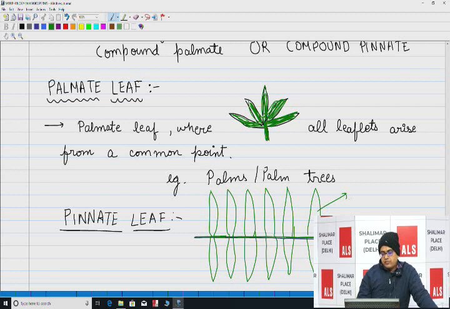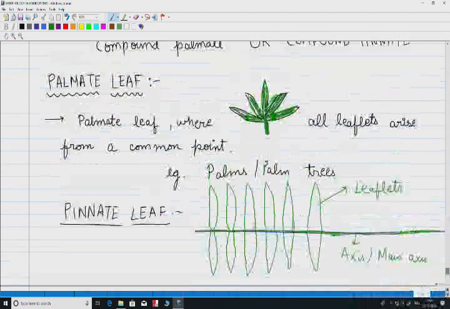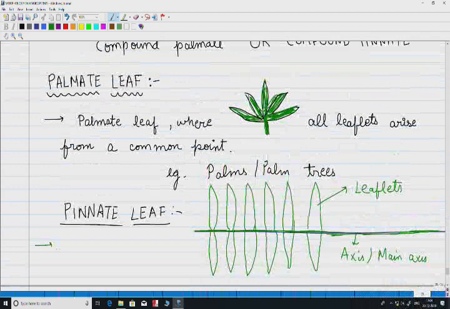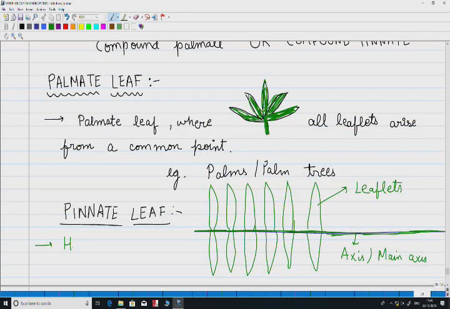These are leaflets. This is the main axis or rachis. This type of leaf is called a pinnate leaf. Here all the leaflets arise from a common axis.